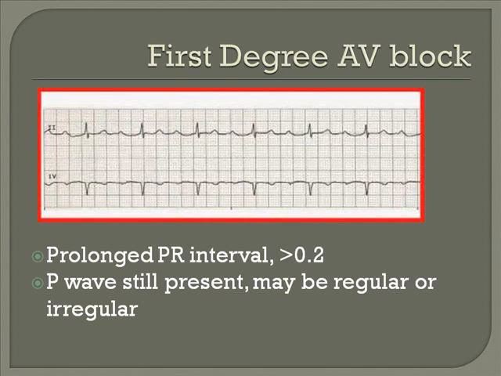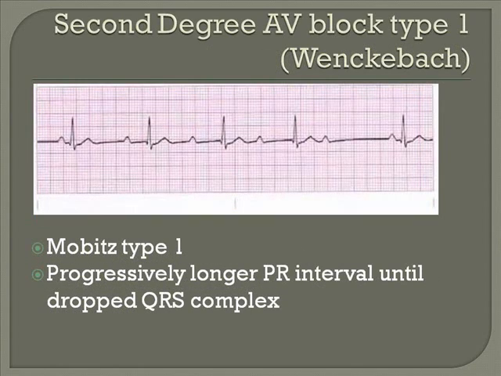progress any further. Our next rhythm is called second degree AV block type 1, also known as Wenckebach, or second degree AV block Mobitz 1 is another one. The pattern of this is, you'll notice at the first beat we have a normal PR interval, but the next beat after that it's long, and the next beat even longer still, and the next beat even longer still, until we have a P wave without any QRS whatsoever.